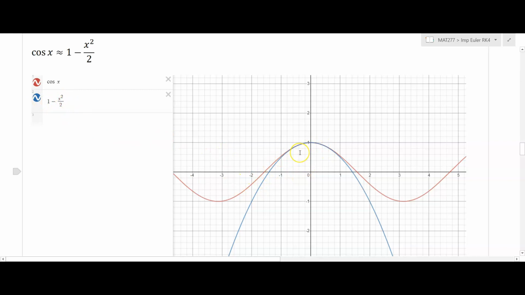And you can see that from about here to about here, the blue graph provides a really good approximation to cosine.